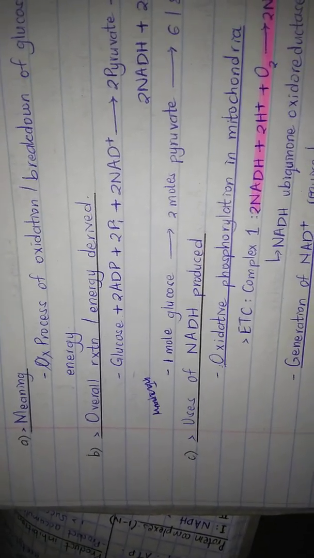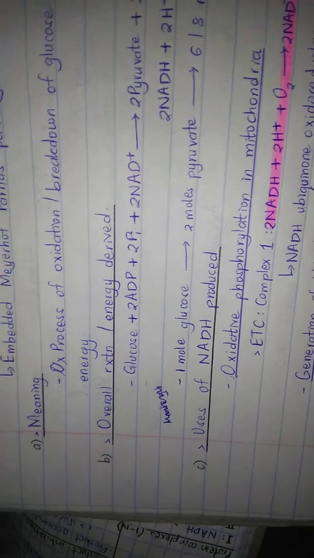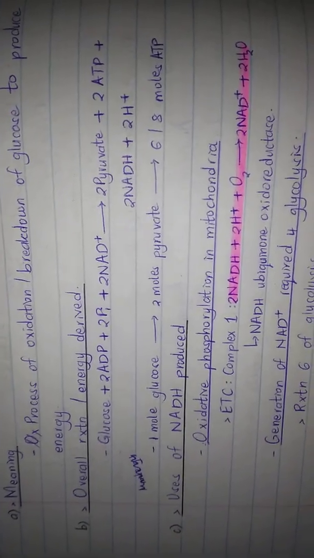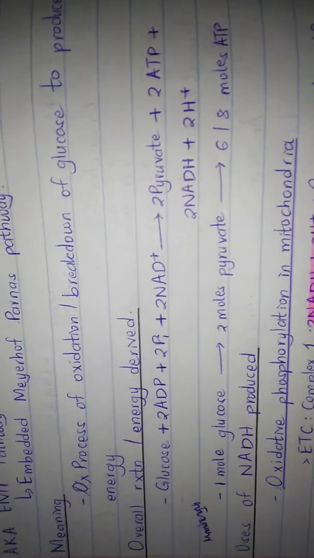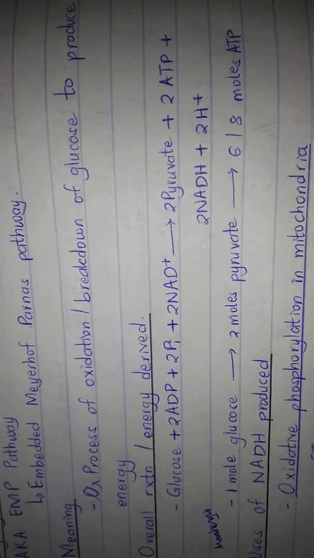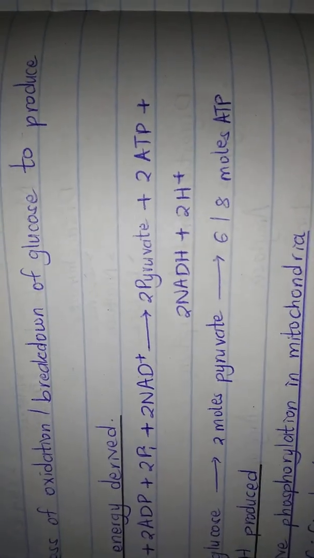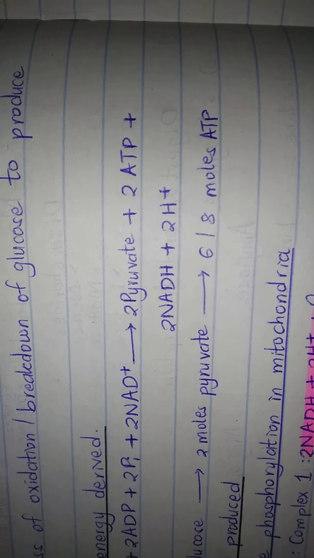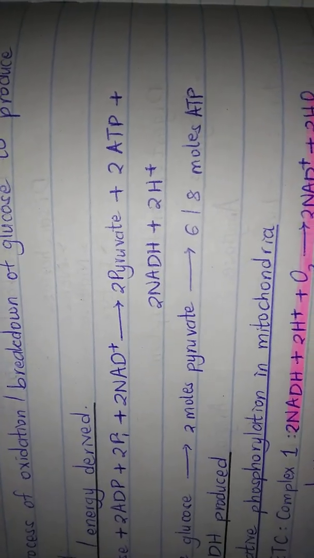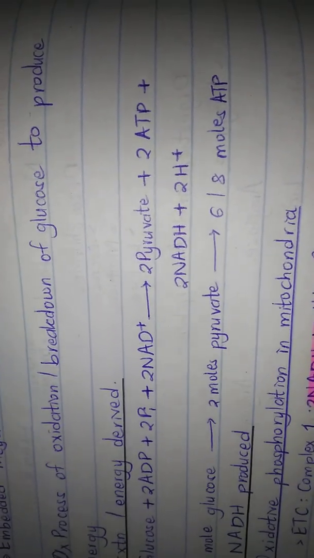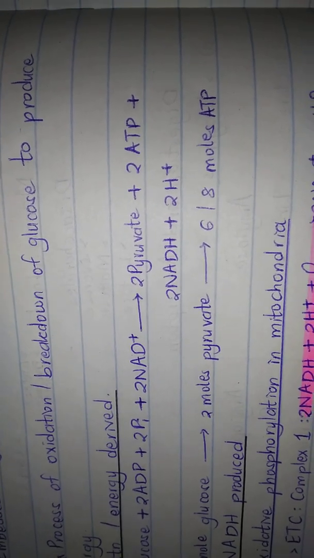So the first part was meaning. The second part will be the overall reaction or the energy derived. The reaction involves glucose plus 2 ADP molecules plus 2 inorganic phosphate molecules plus 2 NAD plus to give you 2 pyruvate molecules, 2 ATP molecules, 2 NADH molecules, and 2 H plus, 2 hydrogen ions in short.